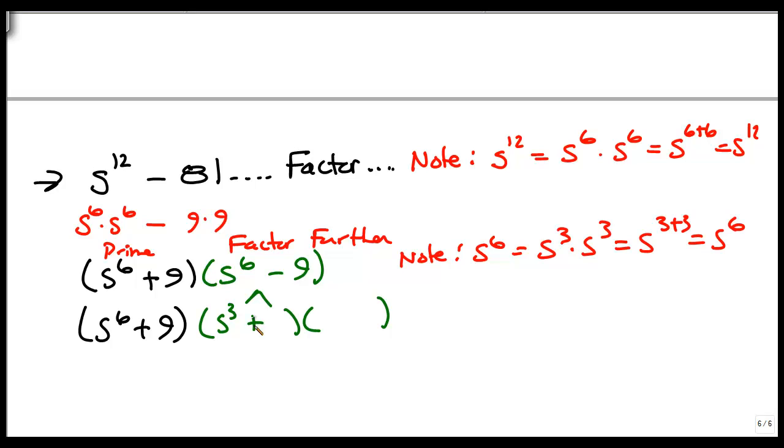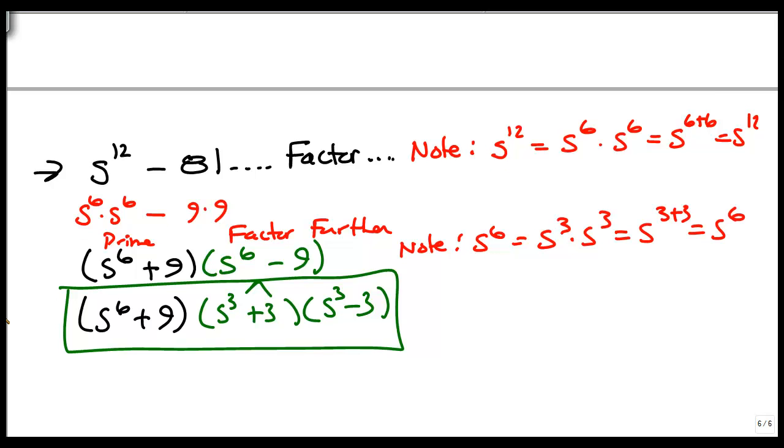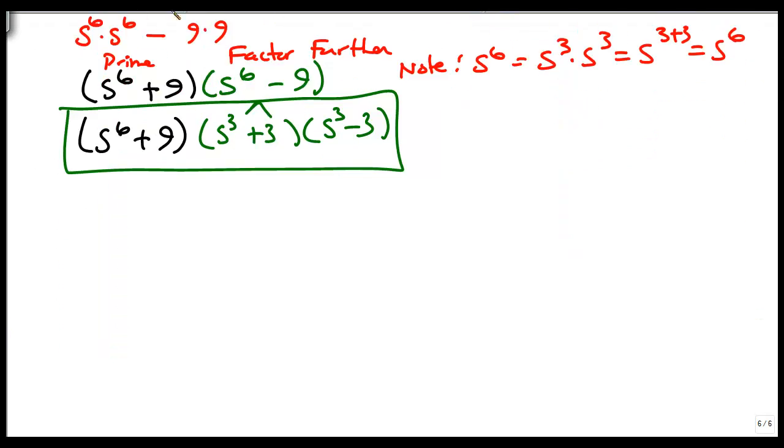S cubed plus 3, s cubed minus 3. Now I'm done with any perfect squares, and so I get down to my final solution here. This is completely in factored form. So again, you've got to stick after these. You know, they're not all that easy sometimes, but just keep breaking it down using those ideas of perfect squares.